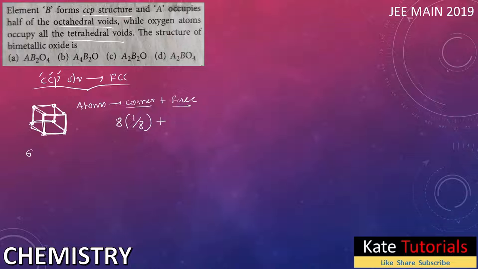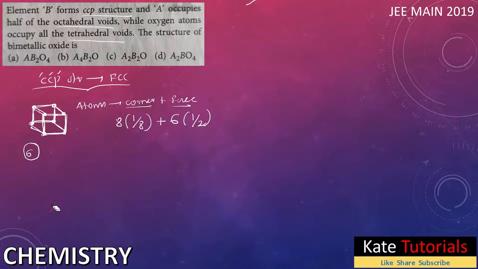Above, one ceiling, below, one floor. So 4 walls, one ceiling and one floor, totally 6 faces will be there. If one more room is attached to your room, each face will be shared by 2 unit cells, so it will be 1 by 2, right?